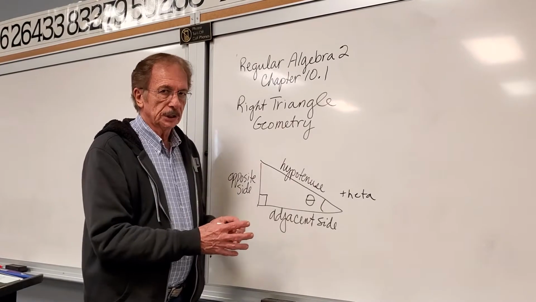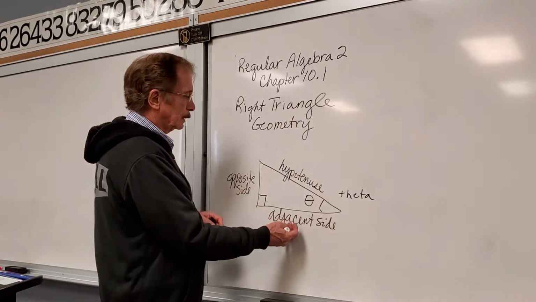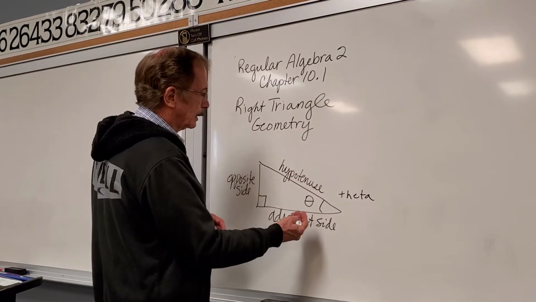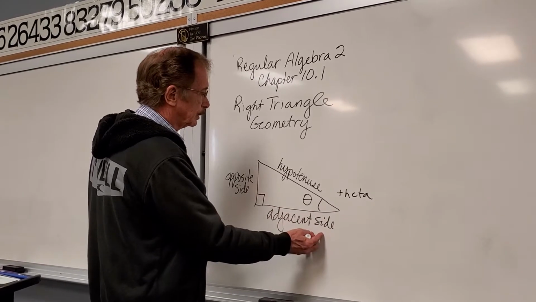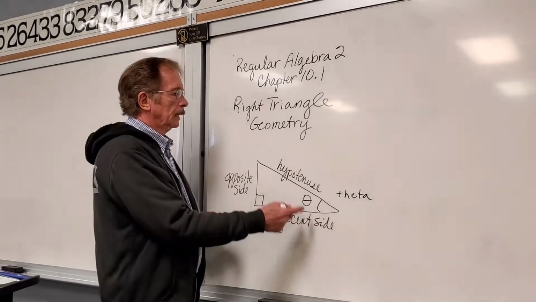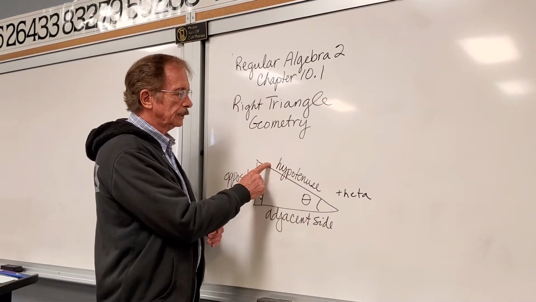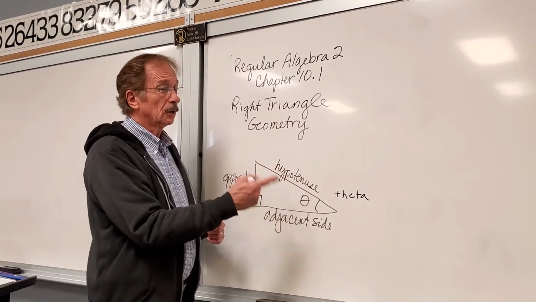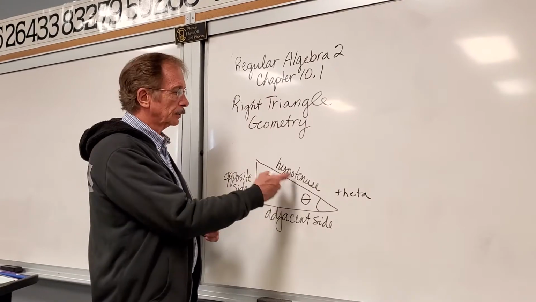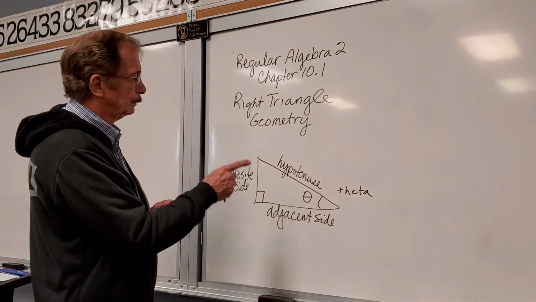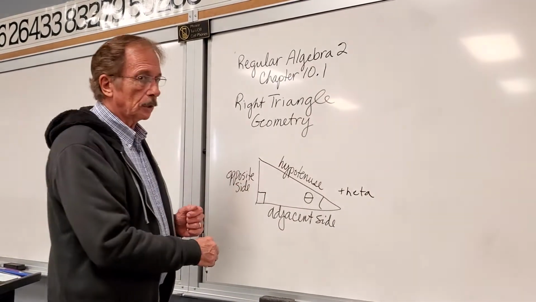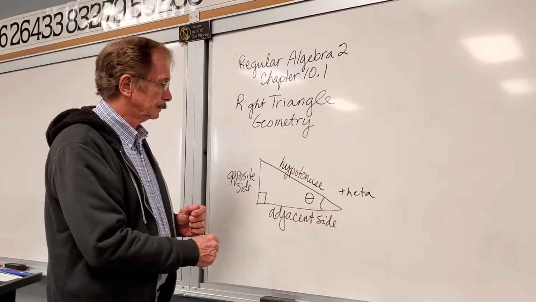It means alongside, and the side that is right beside the angle is called the adjacent side. The reason I don't call this one the adjacent side is that it already has a name. It's called the hypotenuse. And in every right triangle, the longest side is always the hypotenuse.